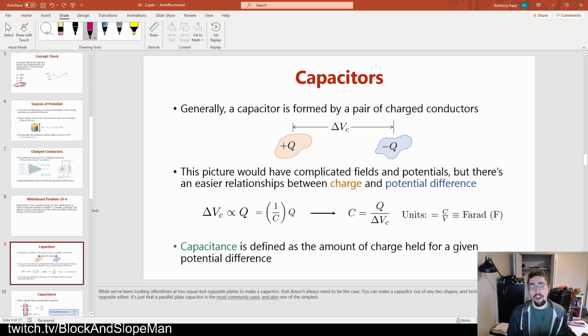Once it reaches that high enough potential, the spark gap activates, you get a bright flash of plasma on that side, and a bunch of the charge on the right plate goes down into the bottom, right, where it's grounded. So now what I've really got is 2 plates side by side at very different potentials, and the fact that the wire connecting them is in a spiral loop means that the current going through that wire actually slows down a lot, which is something we'll talk about very soon in the course.